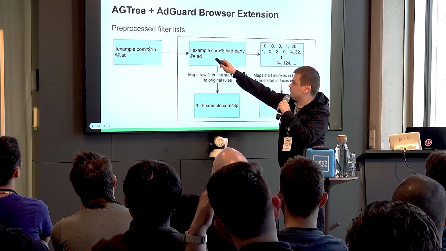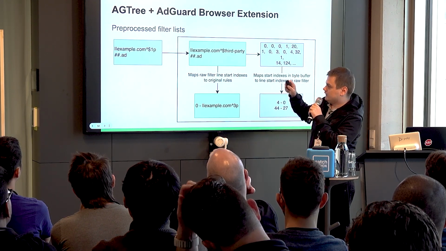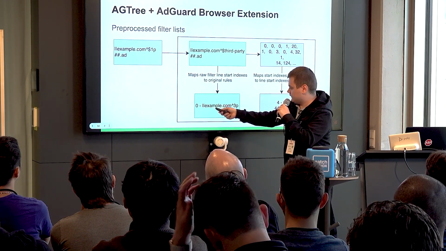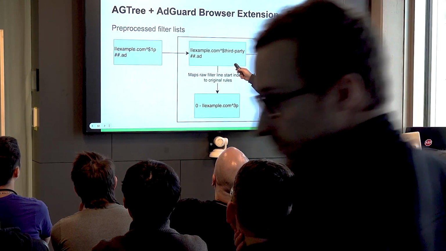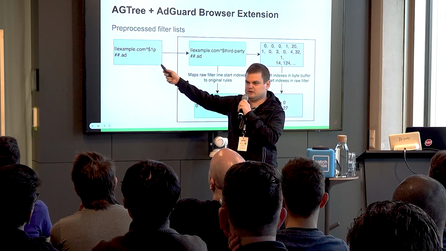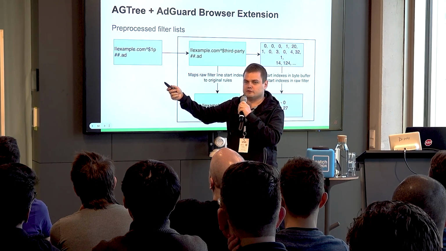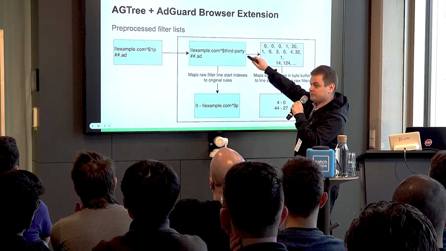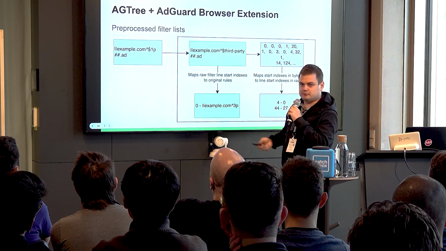So the 0 means the first rule line start index. So we have a map from 0 to the original rule. And from this data, we can restore it anytime. Additionally, we also store the line endings. That's the first part. It comes naturally from the converter.